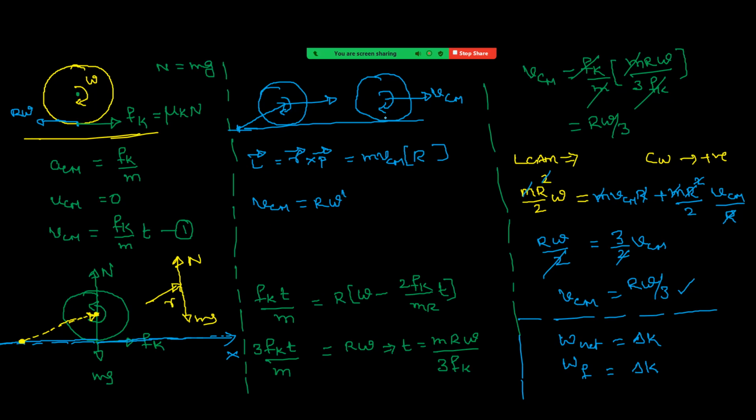That means from this we can conclude that on a horizontal surface, rolling is possible even if the surface is perfectly smooth, because in this no torque is acting, means net torque zero, net force zero. So once rolling starts without slipping, when the surface is horizontal, no frictional force acts. That means on a horizontal surface, rolling is possible even though the surface is perfectly smooth. This is what we can conclude, right?